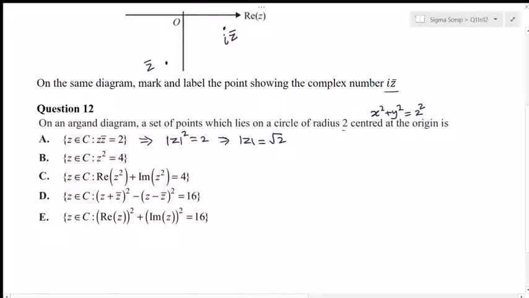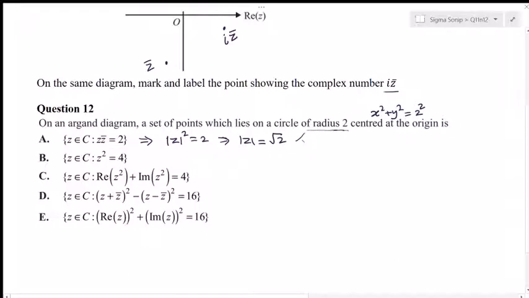So this tells us that the length of the vector on the complex plane is equal to root 2. Whereas here, what we want is the length of the vector on the complex plane to always be 2. So this is, of course, a circle, but the radius of the circle is only root 2 here, and what we want is the radius of the circle to be 2. So this is not our valid answer here.